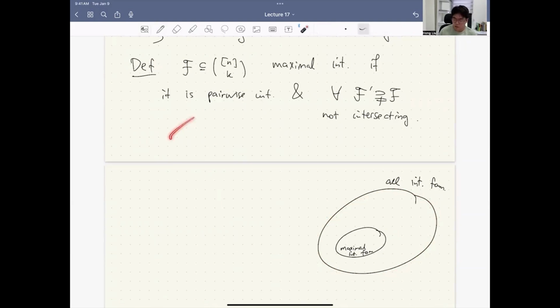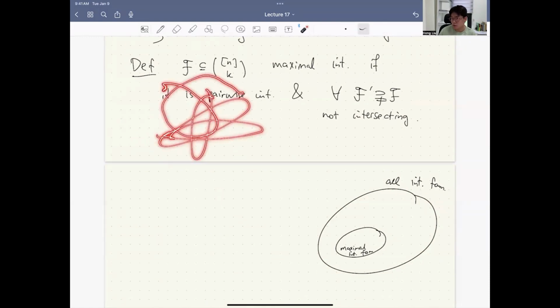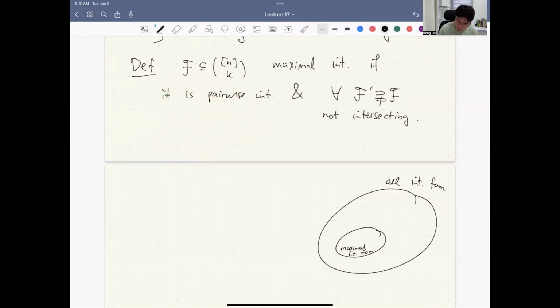If a family is intersecting, then any of its subfamilies is also intersecting. That's trivial.